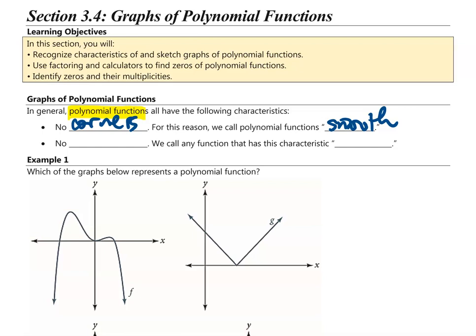Also, no breaks. And we call any function that has this characteristic, no breaks, continuous. Okay, no corners, meaning it's smooth, no breaks, it is continuous.